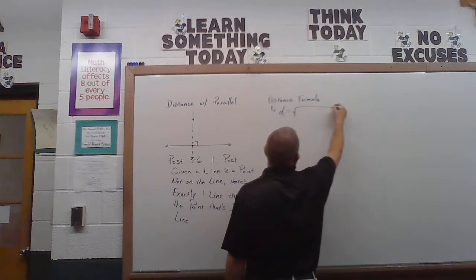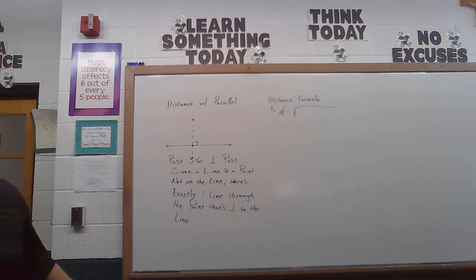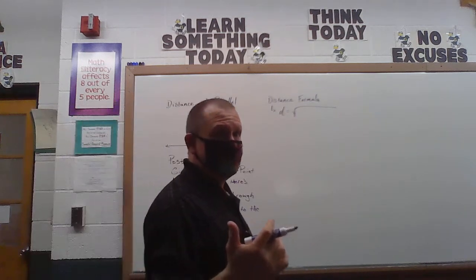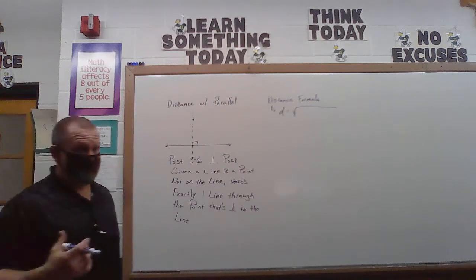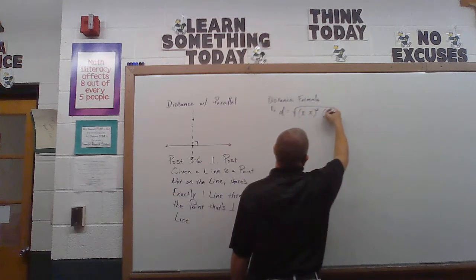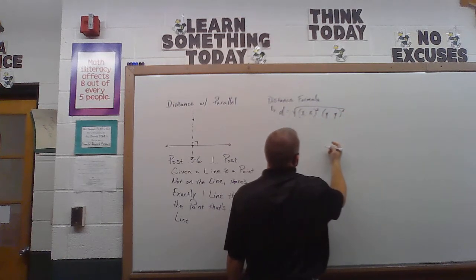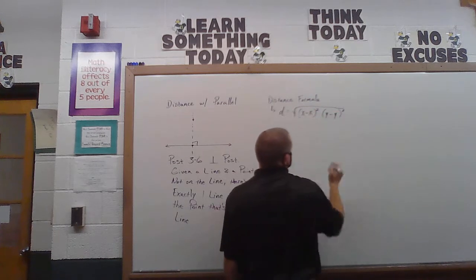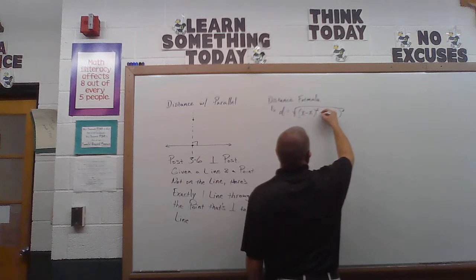And we'll show you that in just a second. Well, what was the distance formula between any random 2 points? Remember? Remember this? What did we do on the inside? We subtracted, right? That's why it didn't matter which one comes first. And then we're going to add them together.